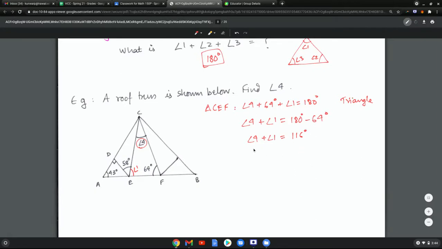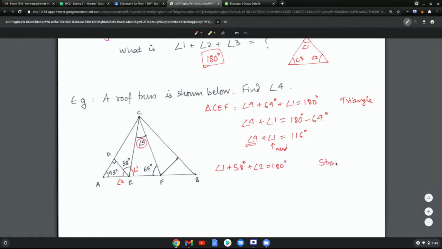So from here, I get the idea that if angle 4 is what I'm interested in, I need angle 1. So now let's further look at how I can find angle 1. I notice that if I label this angle as, say, angle 2, then angle 1 plus 58 degrees plus angle 2 is 180 degrees. Why?